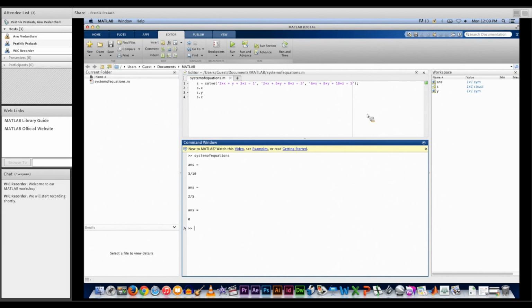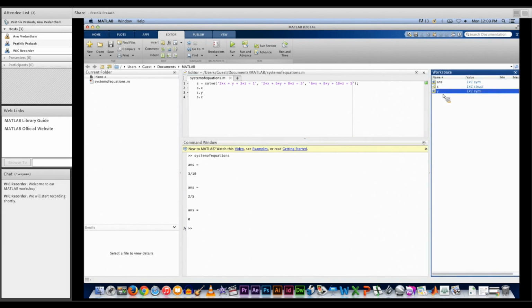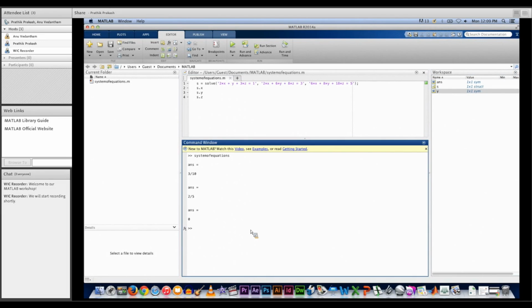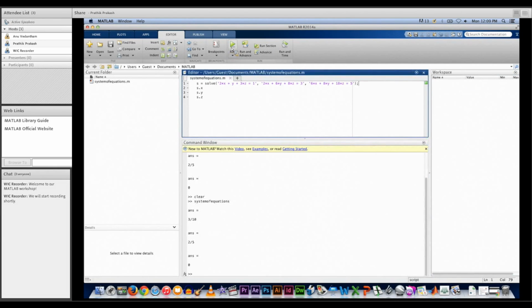And the y value right now is probably from the previous equation. So once we type clear, if you observe the workspace, that is completely erased. So once I run it again, all we have is just s and ans. So S is a structure containing 3 symbolic values, and then ans is the one that has the last value.